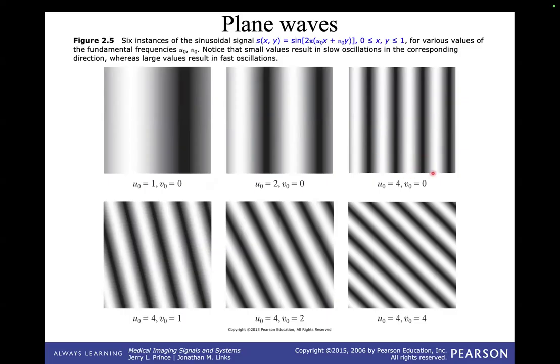What spatial frequencies are represented in this image? Well, the answer's right here. We have 4 cycles per unit length in X and 0 in Y. Those are the spatial frequencies that are represented here.